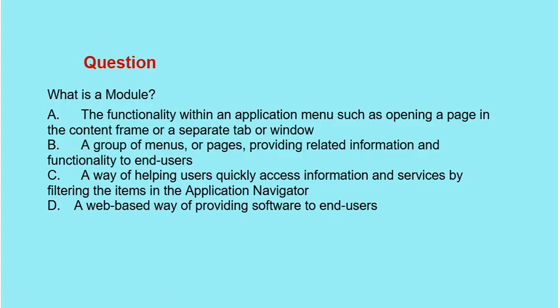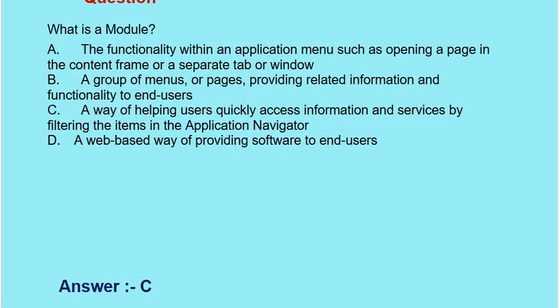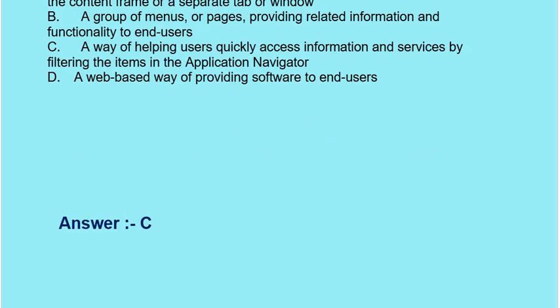Option C, a way of helping users quickly access information and services by filtering the items in the application navigator. Option D, a web-based way of providing software to end users. Correct answer is option C.